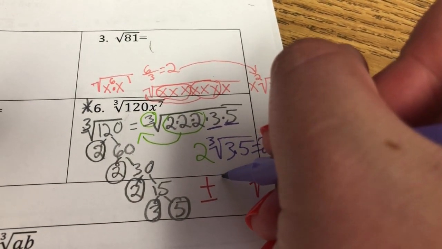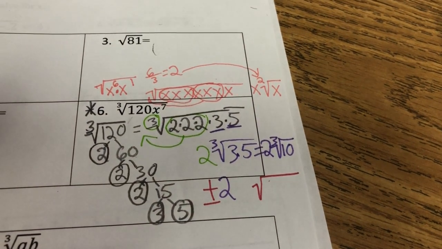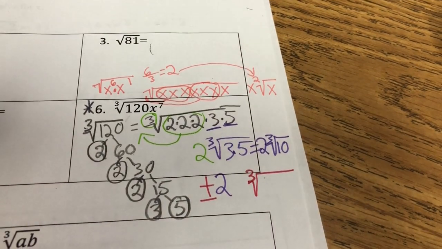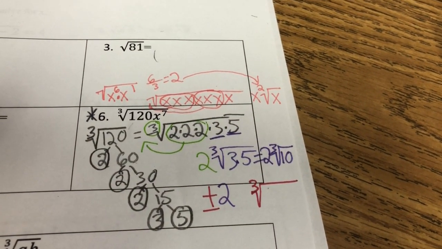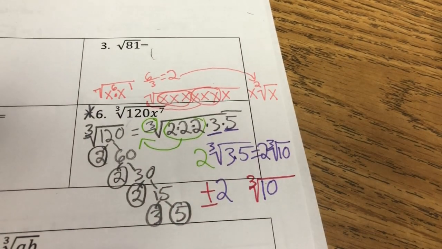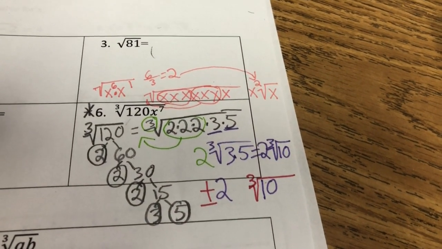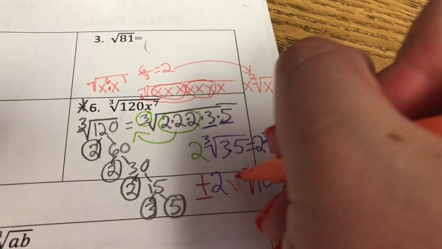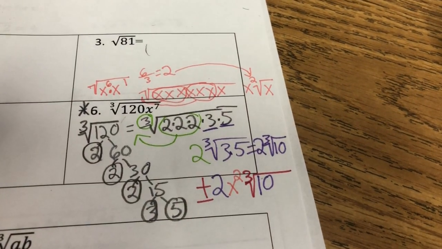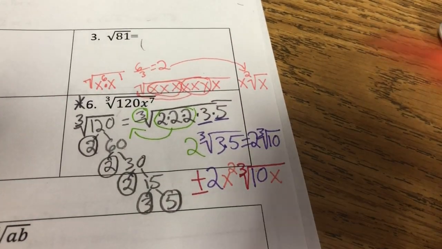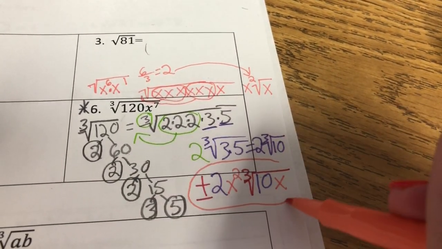We've got 2 on the outside, not a cube root. Then on the inside we've got a 10. And then for x's we have an x squared, and then just x on the inside. So this whole thing right here would be our answer.